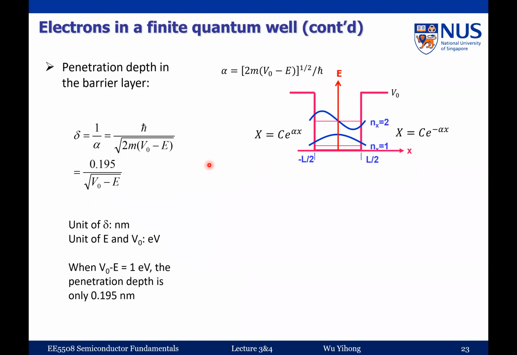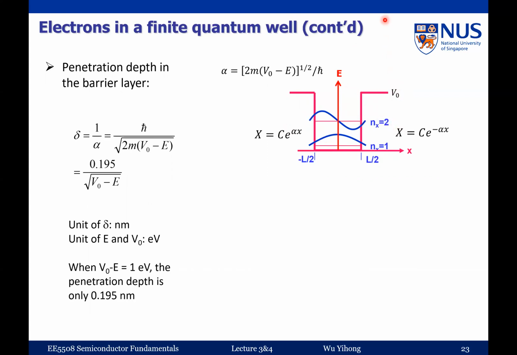So next, we look at the penetration depth. Since this V naught is finite, that's the reason why the wave function inside the two barriers is non-zero, unlike the previous case when V is infinitely large.